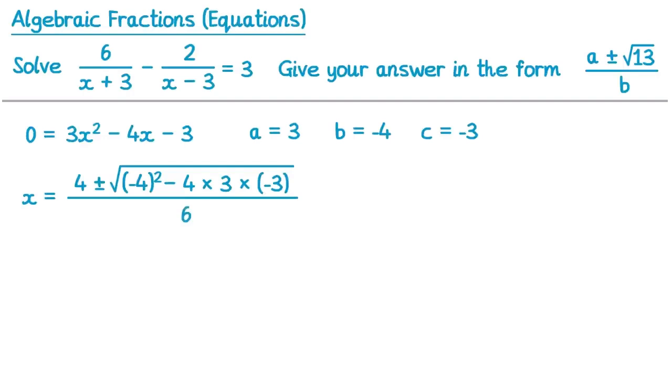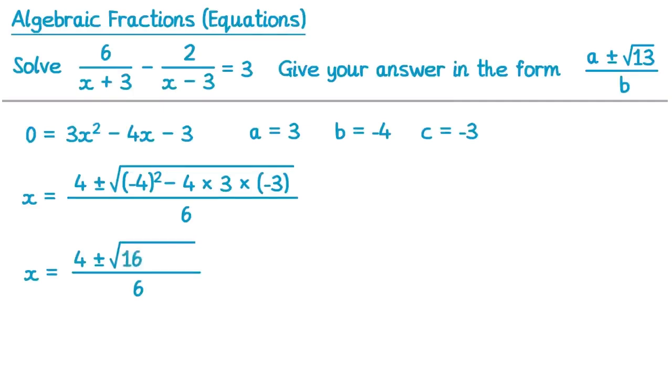Now this question would actually be a non-calculator question, so we're going to need to work out the value of the number that's inside that square root. So let's write x equals 4 plus or minus the square root of over 6, but we'll work out what's inside that square root. So if we did -4 squared, that would be -4 multiplied by itself, so 16.